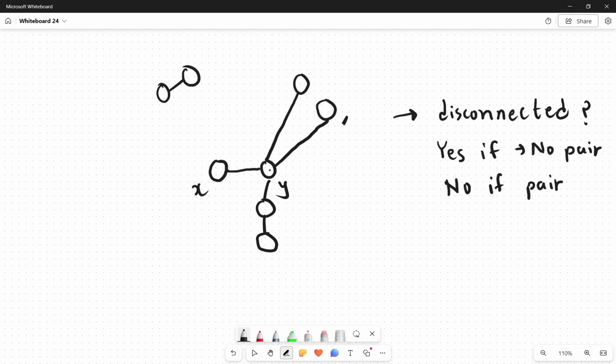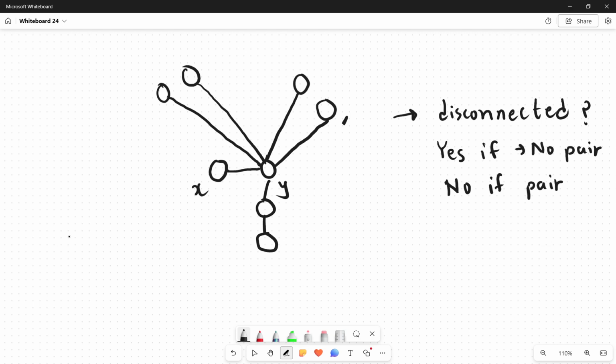And now I will perform the same operation with these three nodes. Finally, this edge will be gone and these two edges will be drawn.